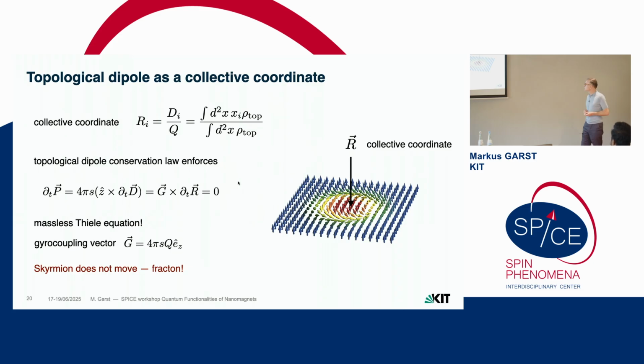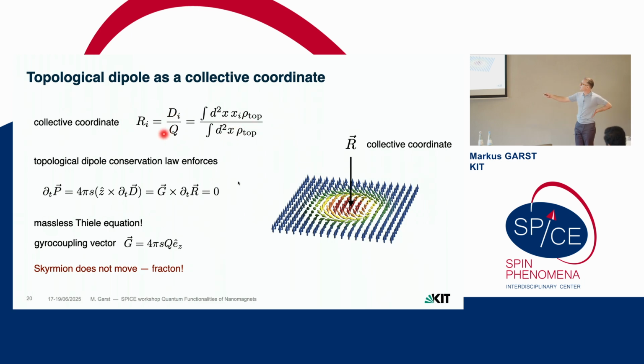In this example, the topological density should be zero where the spins do not vary, so it should be concentrated in this area. And so this topological dipole should be a measure for a collective coordinate that tells you where the skyrmion is.